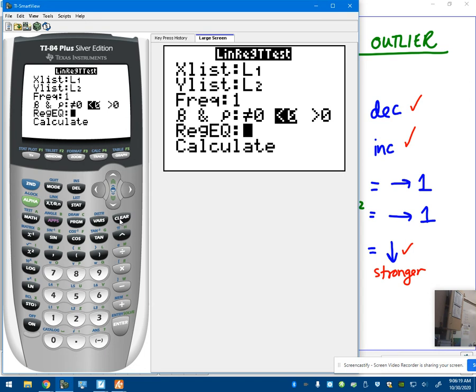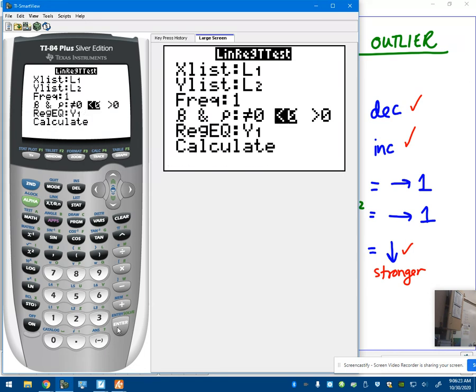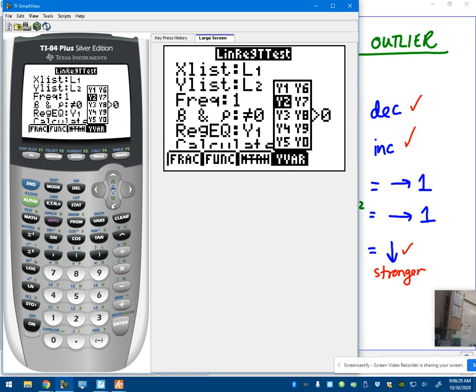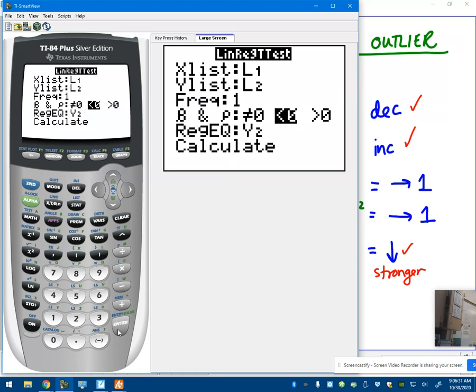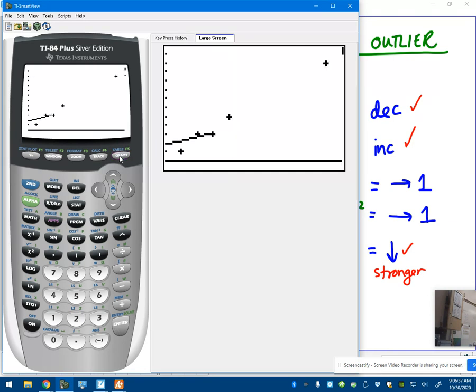But right now yours says Y1, right? So you want to be blinking on the Y1 and hit alpha trace and go down to Y2. And then go down to calculate, and you got all your new stats. And if you hit graph, you can see the first line come in. That dot's missing, so that's why we wanted to put the first graph down.